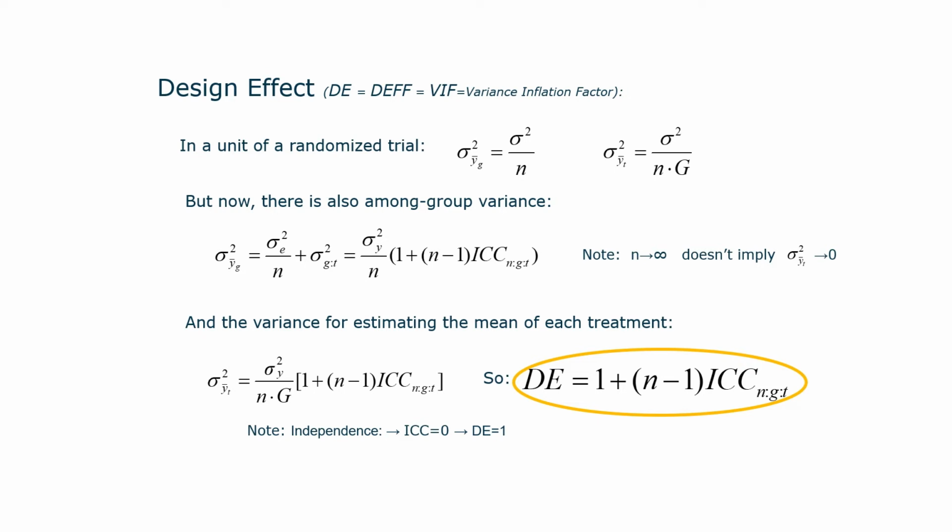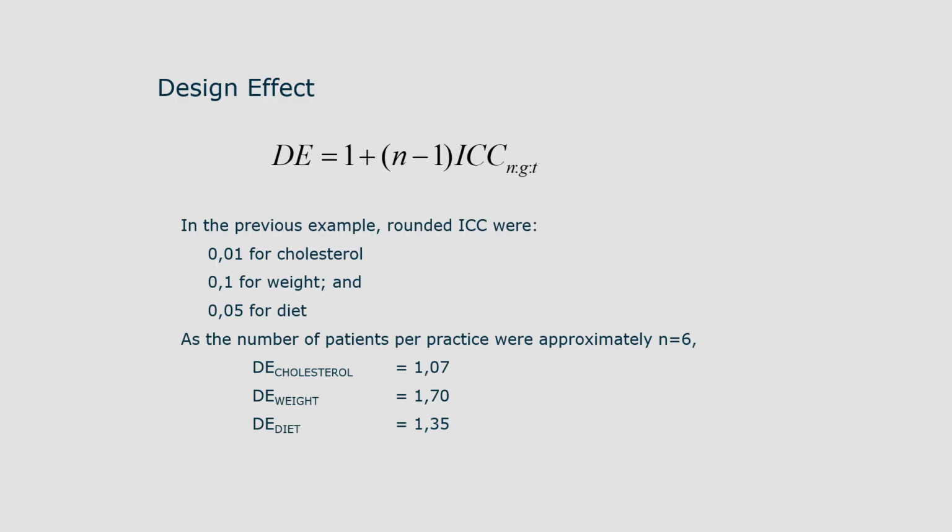This is already provided by the others from the same group. And 2, on the correlation. The effect also depends on the degree of shared information. In the example above, the design effect is almost 2 for weight, a big increase of 100%. But it is inflated only 7% for cholesterol.